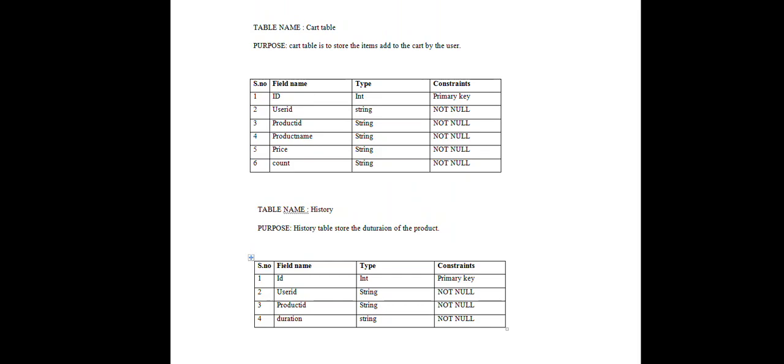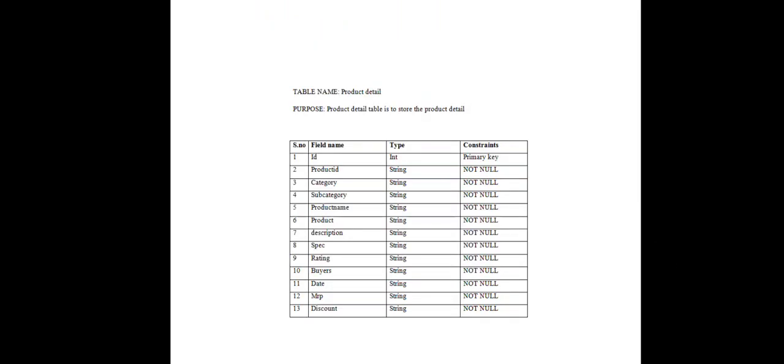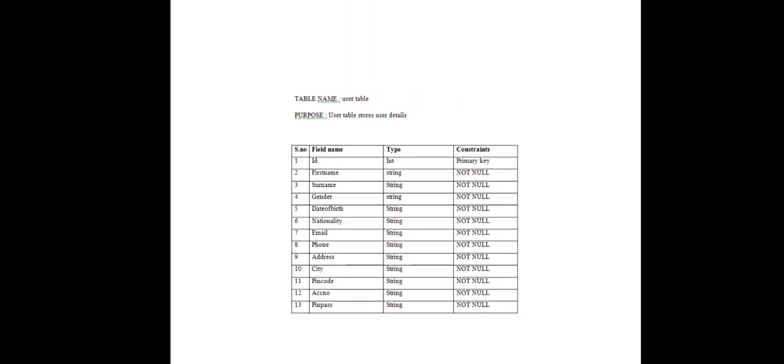History: the history table stores the durations of the product. Product details: the product details table is to store the product details. User table: the user table is used to store the user details.